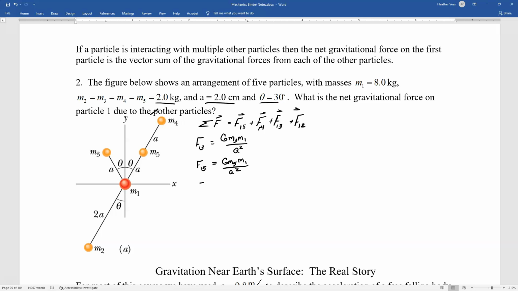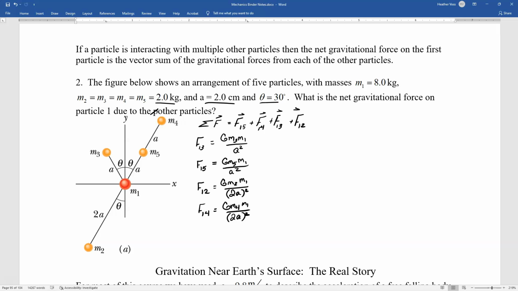When we get to the force on 1 by 2, we're going to have G mass 2, mass 1, over 2A, squared. The force on 1 by 4 is going to be G mass 4, mass 1, over 2A squared.